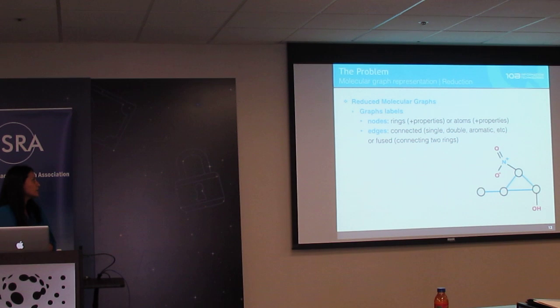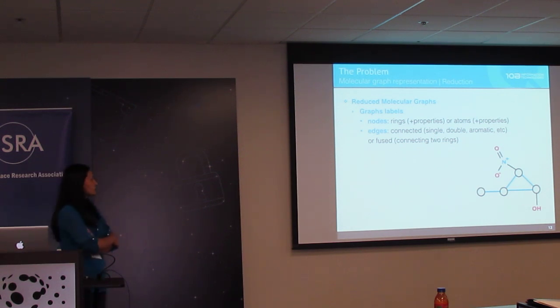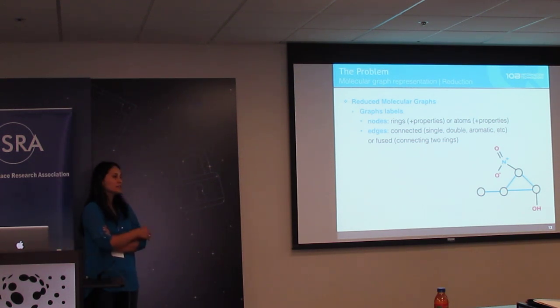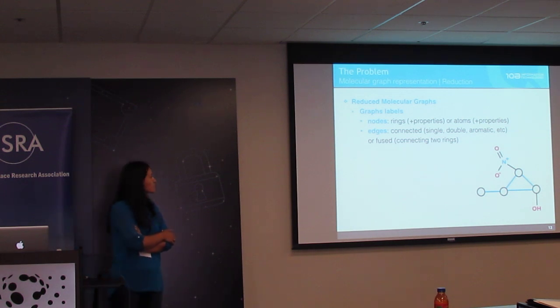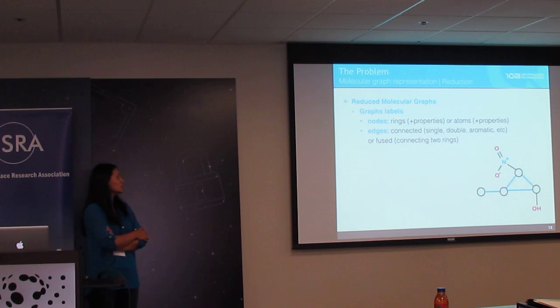So what we keep here, the labels for the nodes, they can be either rings or single atoms, but we also add the labels for the properties such as atomic number or the hydrogen bonds. And for the edges, we need to make a difference between edges connecting rings and edges just connecting single atoms.